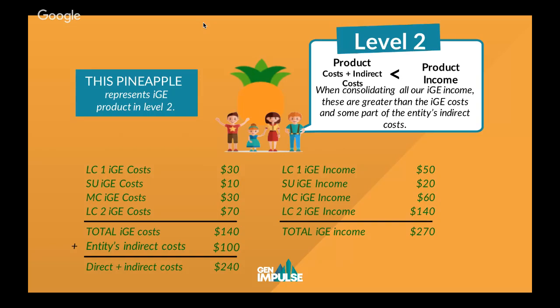So when it's level 2, it means that your income is not just higher than your direct costs, but also higher than the indirect costs your product needs to take. And that goes a little step further, which I'll explain to you in a bit. The reason this is so important, that we distribute it equally over our products, is that a lot of entities in ISAC are running some outgoing exchange products and incoming exchange products.